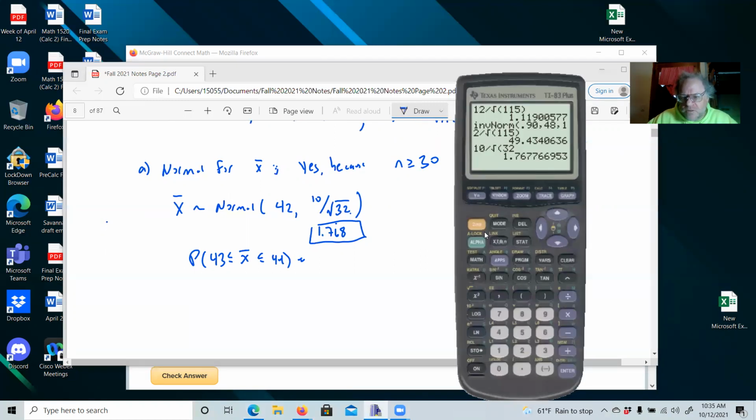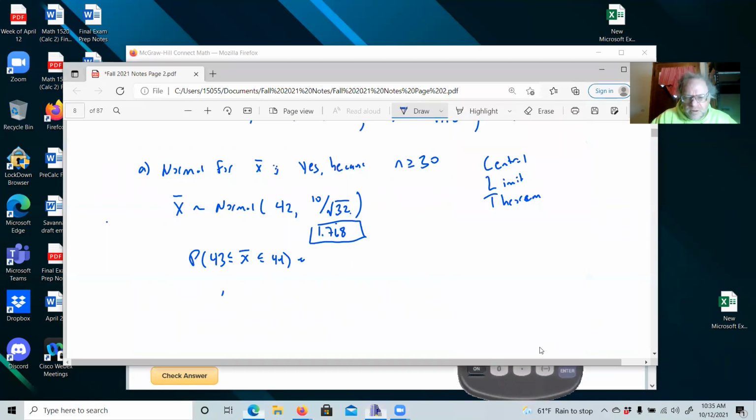We're going to go to second function, distributions, and normal CDF. What's our low number? Our low number is 43, because really what we're doing is normal CDF. Our high number is 44. What's our average? The average was 42.